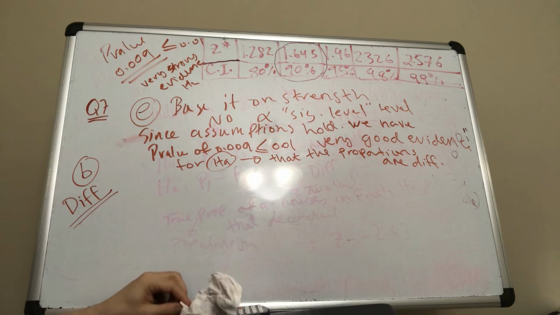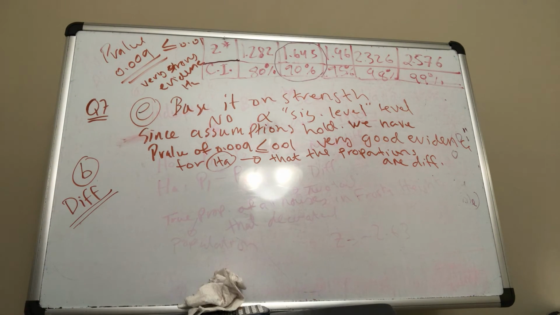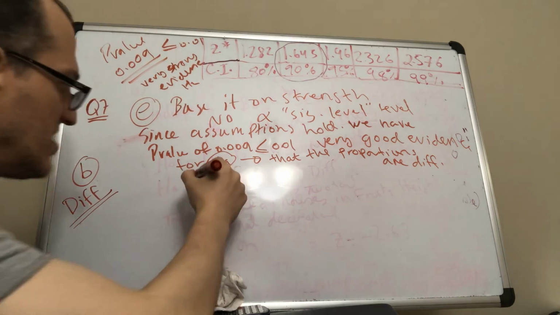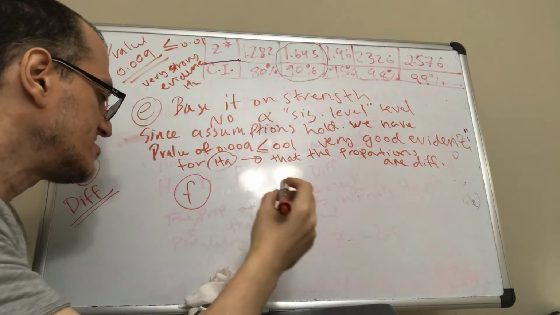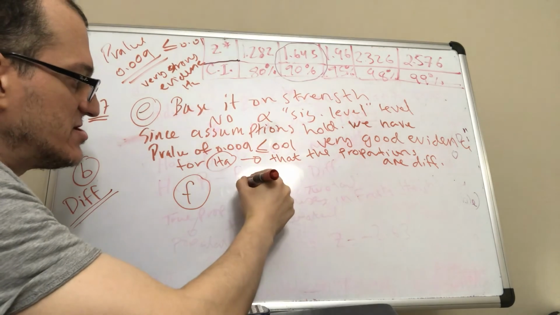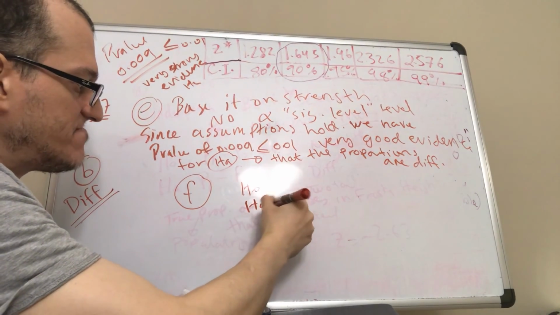Now the last question in this one, if you were to construct a 90% confidence interval for the difference, would the value Z be in or not in? Okay, this is F. Remember, we concluded we have H0, HA.